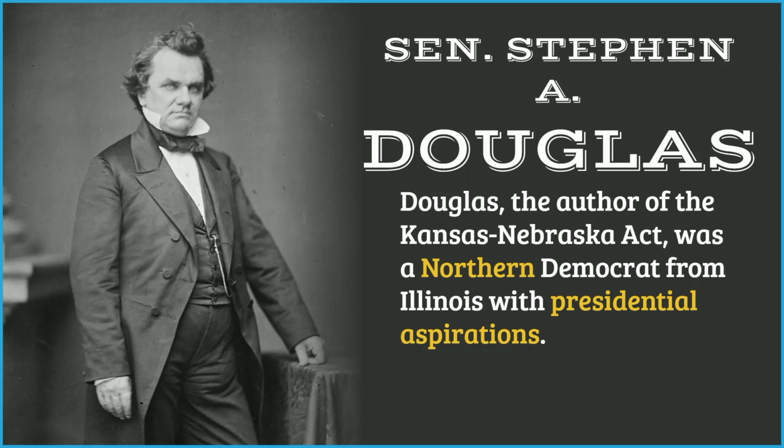He's from Illinois. And so you would think that he would have a strong stance against slavery, but he has presidential aspirations. And so he knows that he's eventually going to need the support of the Southerners. And so he's hesitant to kind of turn his back to them.